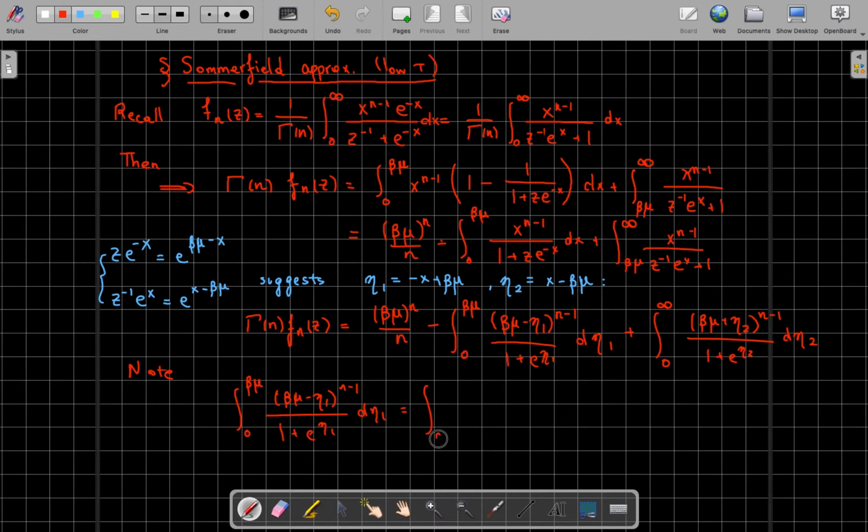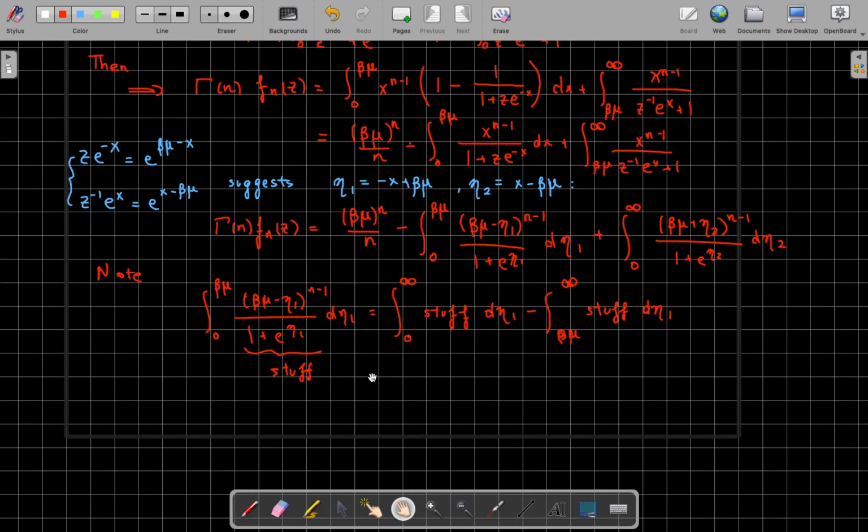I can write this as an integral from 0 to infinity of, let's call this stuff, minus the integral from beta mu to infinity of stuff. But the total integral from 0 to infinity of this stuff can be checked to be very small, of order z to the minus 1.